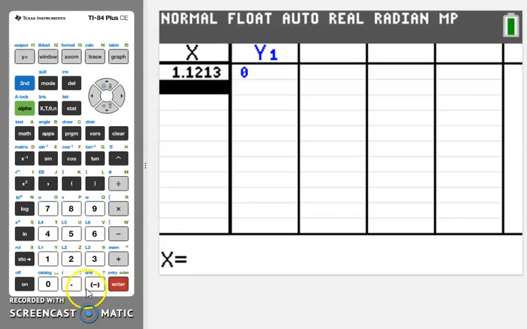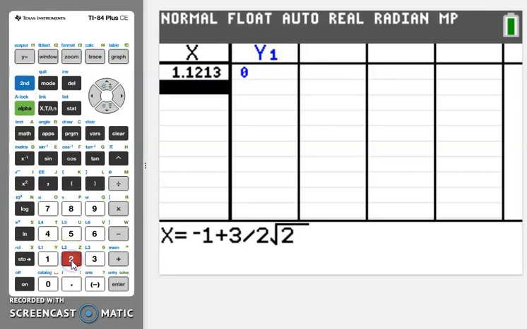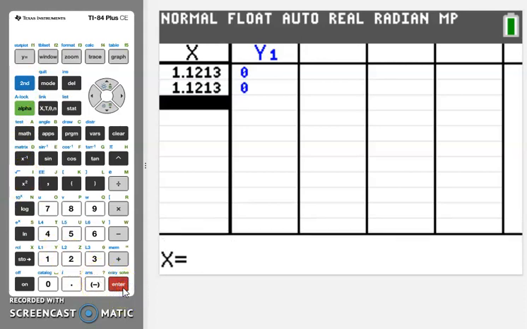So answer choice A is correct. Then we're going to type answer choice B, which is negative 1 plus 3 divided by 2, square root of 2, and enter. This is also a 0.